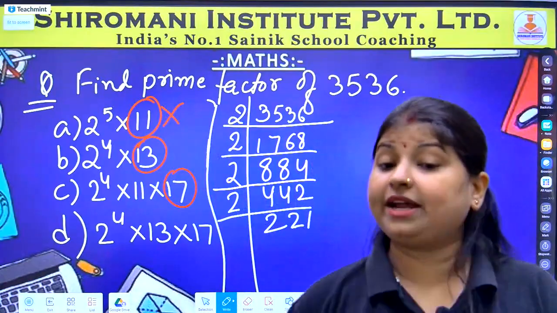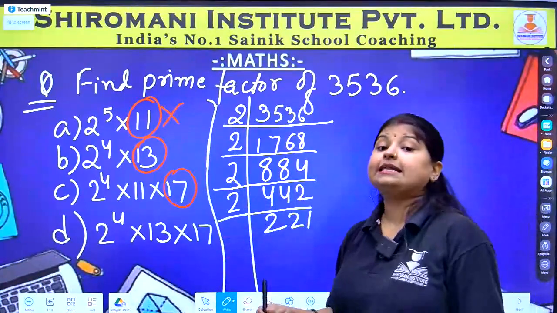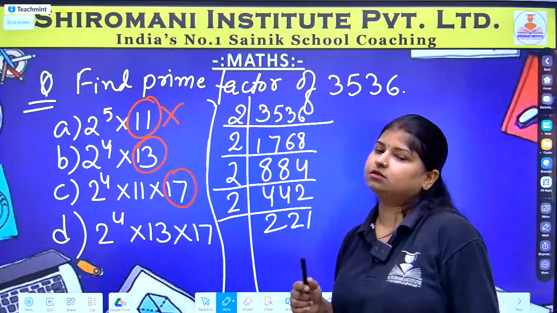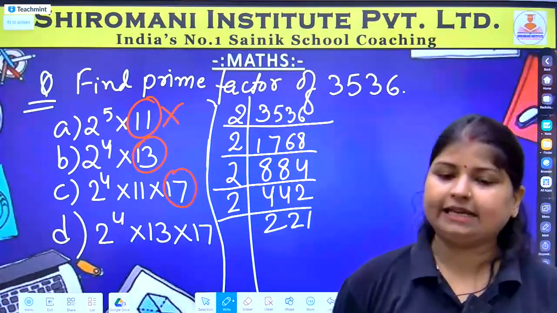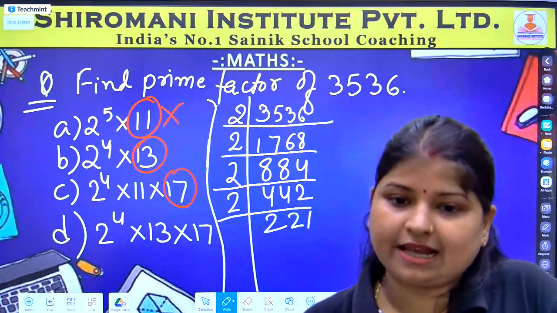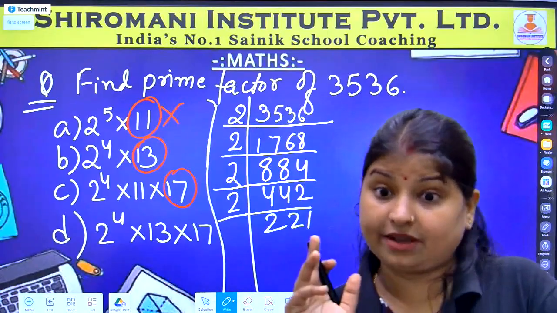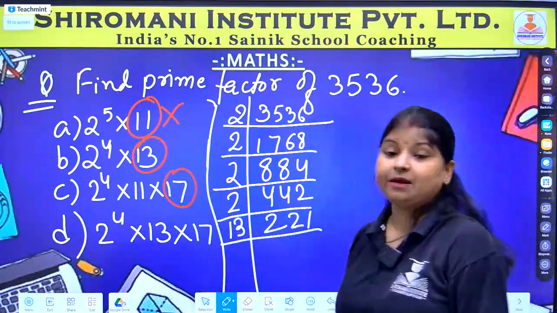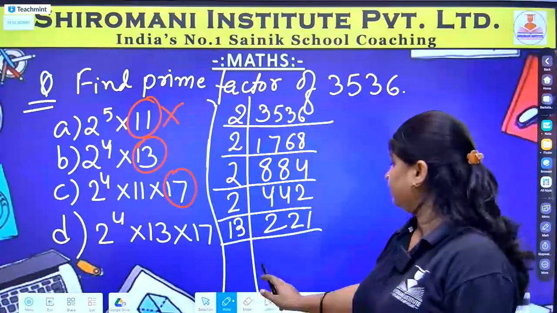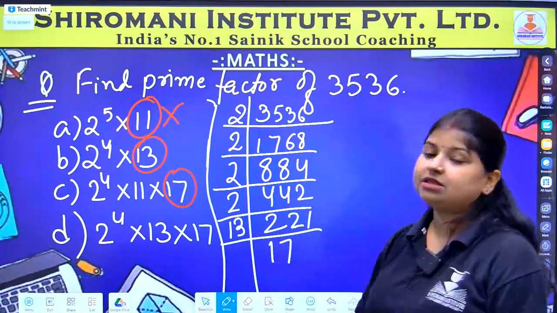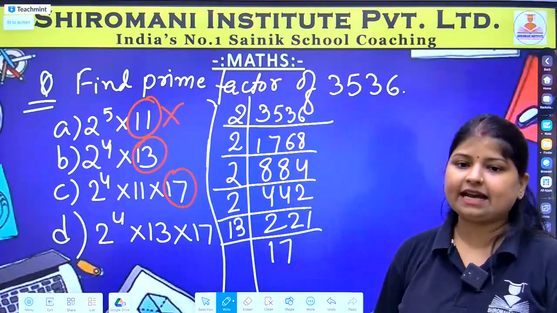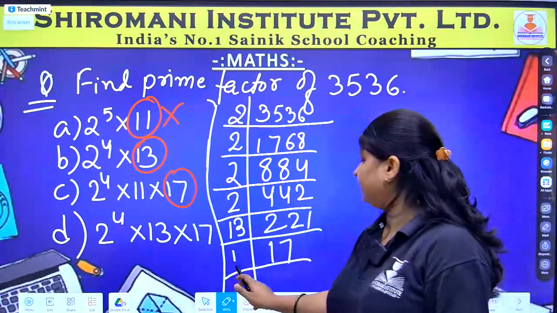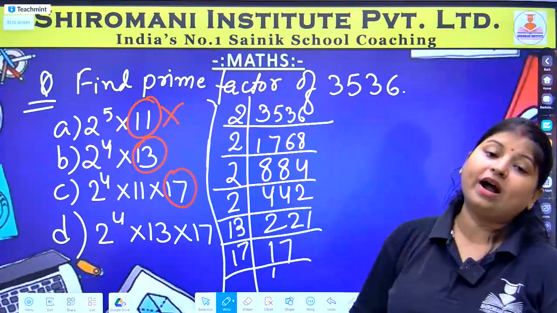Now you can divide this 221 by 13. So yes, 1 times makes 13. And then how much is left? 91. 7 times makes 91. You can say that yes, 221 is divisible by 13, 17 times. And 17 will be divisible by 17 in 1 time.